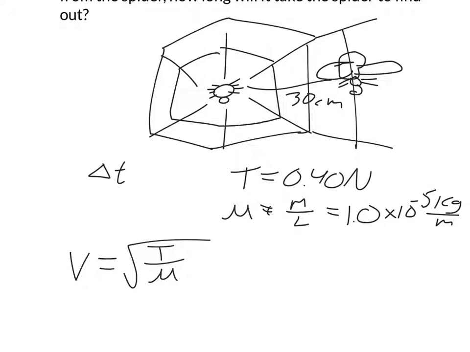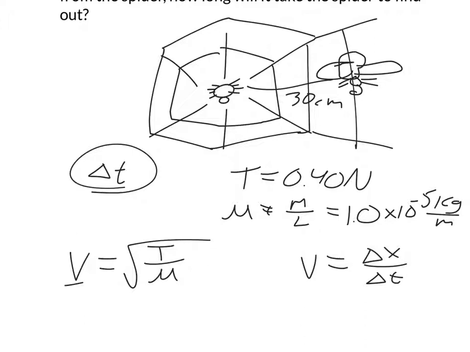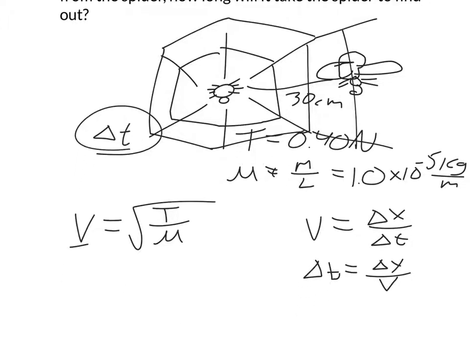Okay. And we have those things, but we're not looking for velocity, we're looking for time. So we need to substitute something for velocity. Well, remember velocity, if this string has a constant velocity, then it would be a delta x over a delta time. So if I solve for delta time, I get delta x over velocity. It might be easier to just plug delta x over delta t in for v.